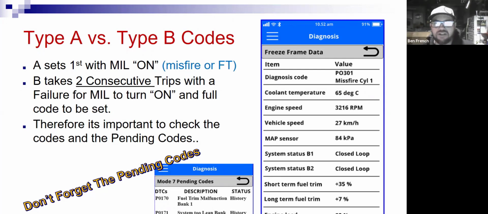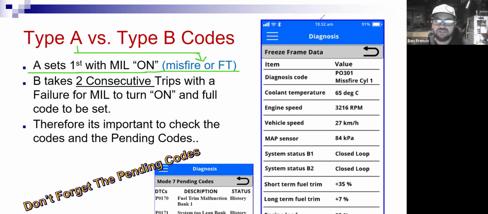What we do know, and I was talking about this earlier tonight, is that a type A should set with the first problem that it sees, right? The computer sees a problem, uh-oh, something's wrong, turns on the check engine light. Normally, the only types of codes that would be a type A code would be a misfire or fuel trim code.